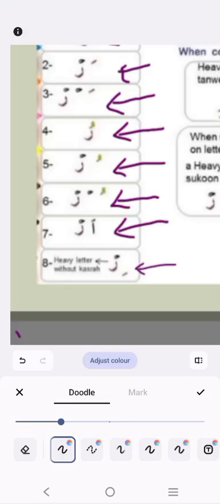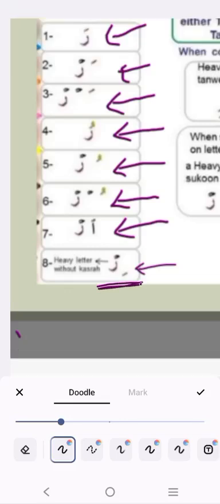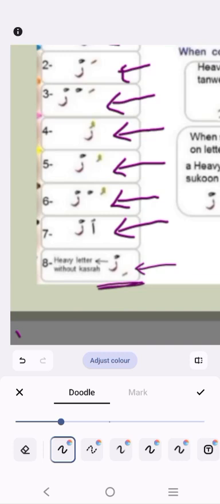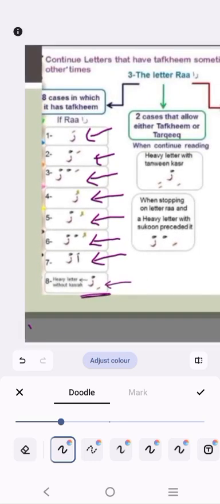The letter before raa has kasra, raa is sakin, and the letter after raa is a heavy letter without kasra. In that case also we read raa with tafkheem, heavy.